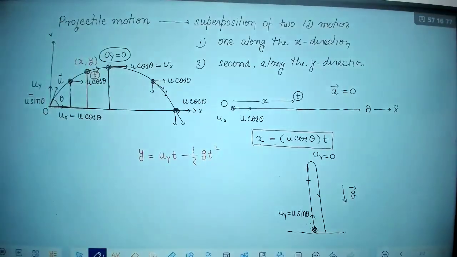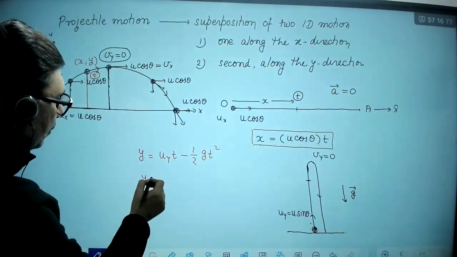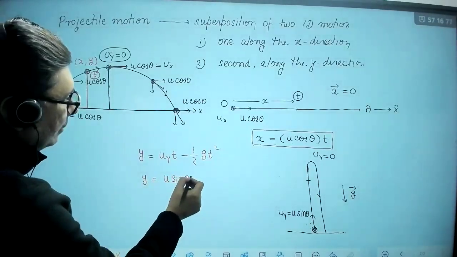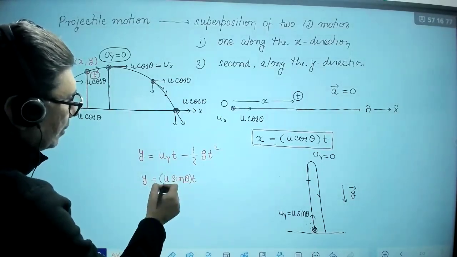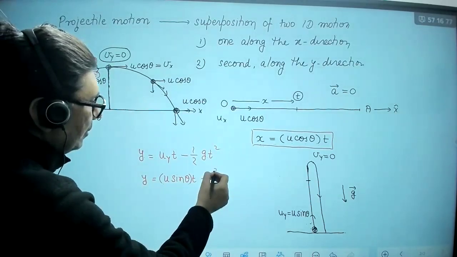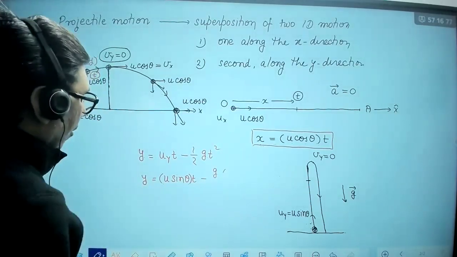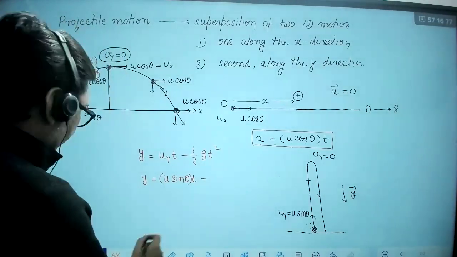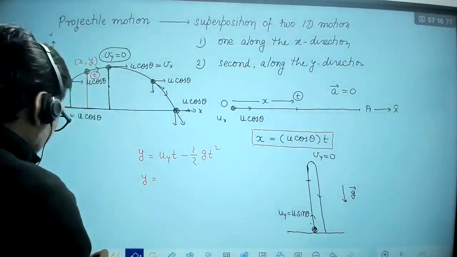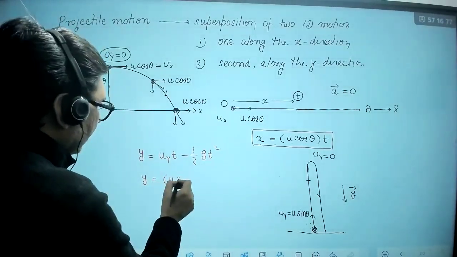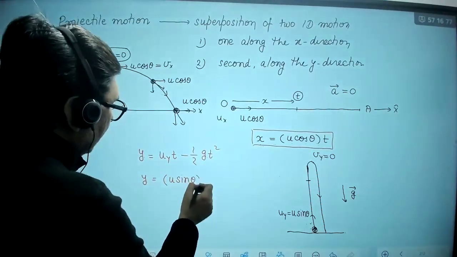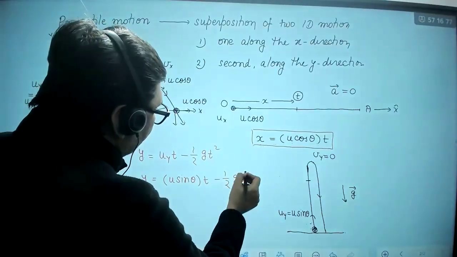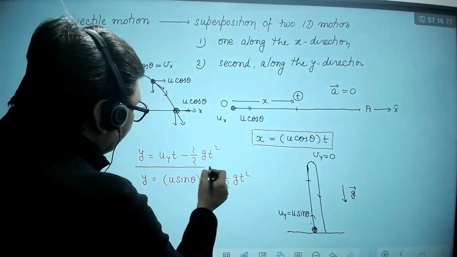So y equal to uy, which is u sine theta, into t minus 1 by 2 gt square. So this will be the y coordinate.